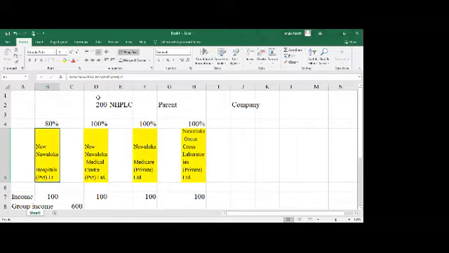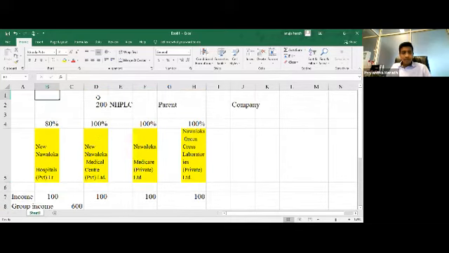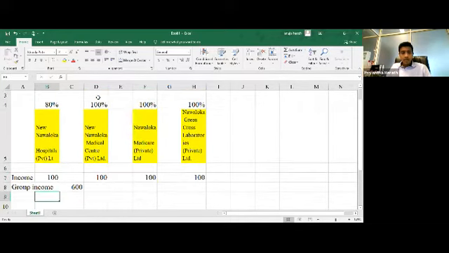Okay. So when you do consolidation, we take 100%. Even if the shareholding is 51%, we take the total income of the subsidiary company.